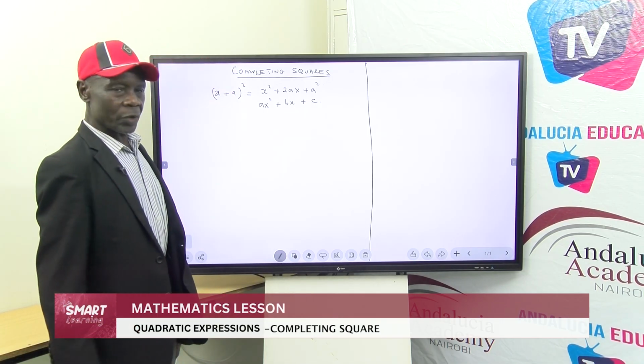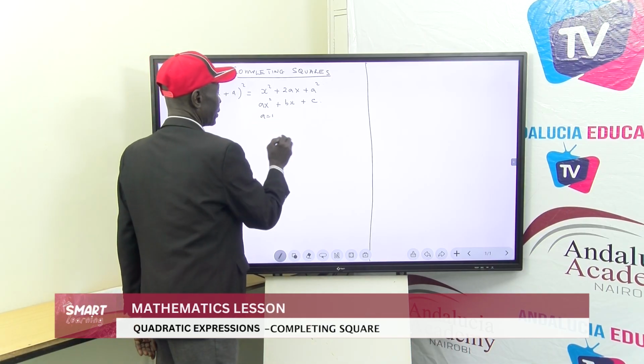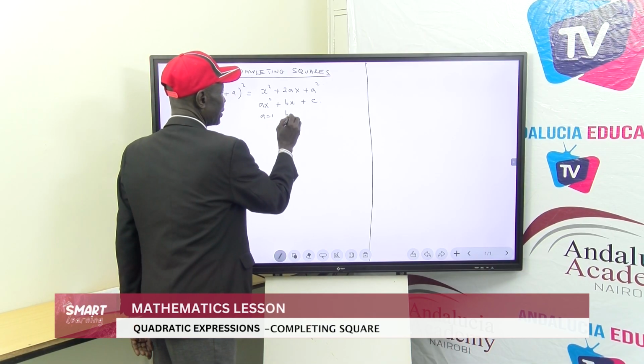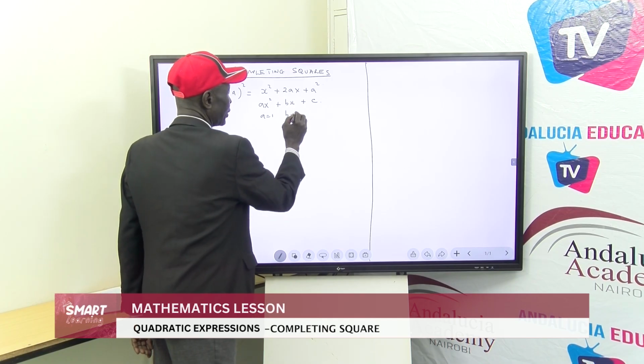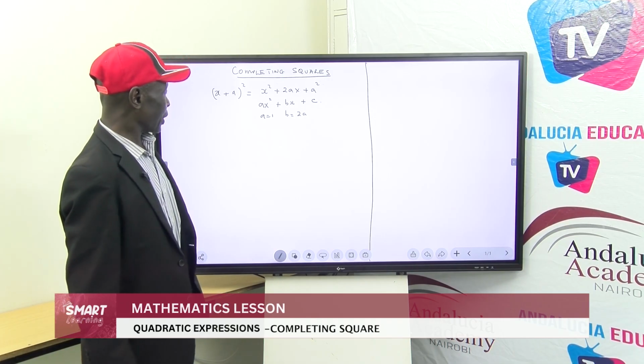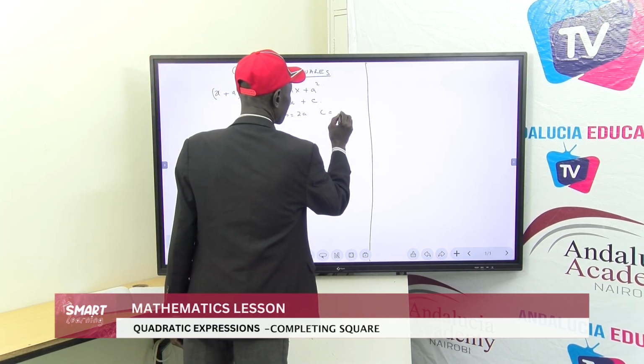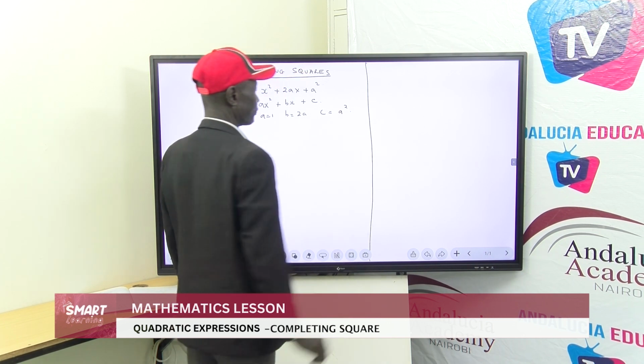Now, for a perfect square, you can see that our a is 1. B in this case will be 2a because b is the sum of the products. And our c is going to be equal to a squared.